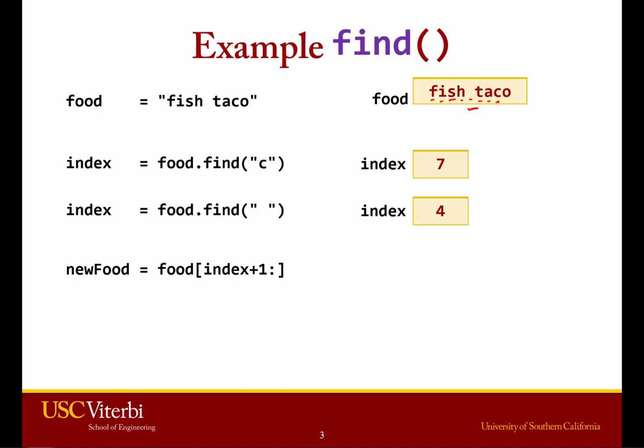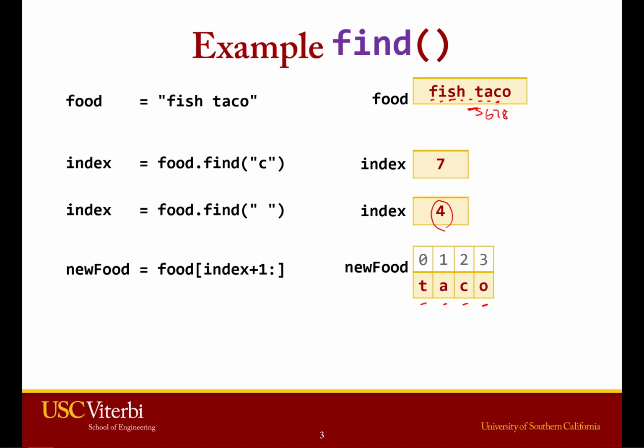And if I were to do that, my new food would be taco, because I started at index 4 plus 1, which effectively means I started up here at taco, which is going to be 5, 6, 7, 8. So you can search a string to find a space, and then you could slice it to break it up and do interesting manipulations with it. So this is a very string-focused method.